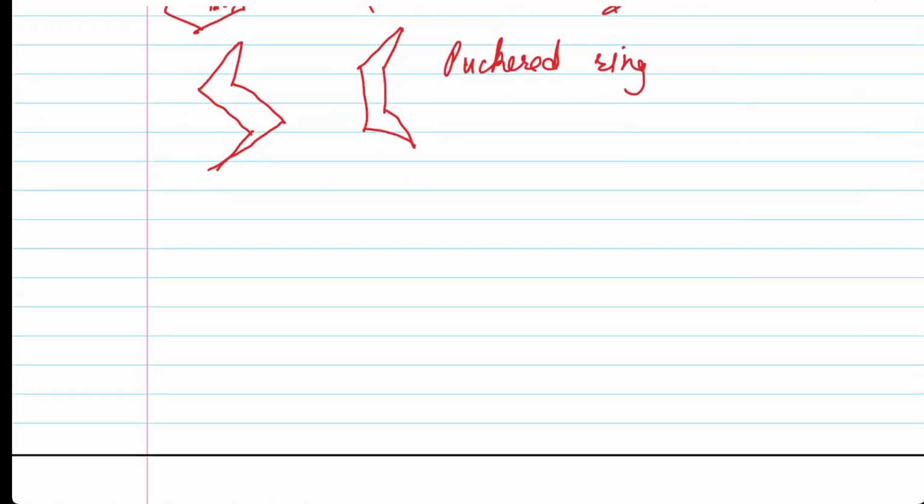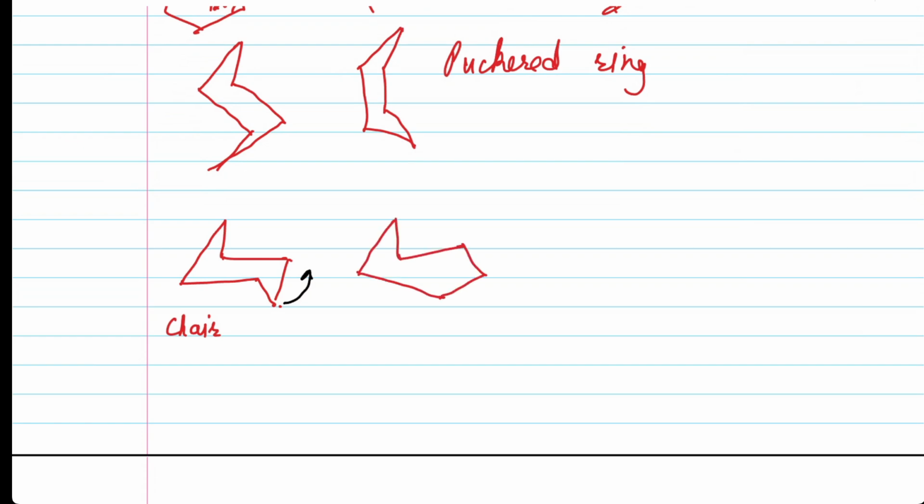Now, when we talk about cyclohexane, it exists in certain forms. This particular form is what we call the chair form. If I shift this particular bond a bit up, then in between it will form a structure like this.